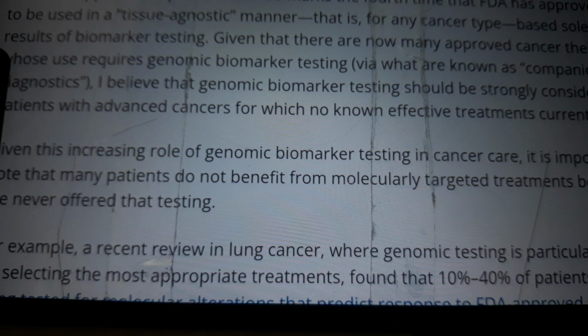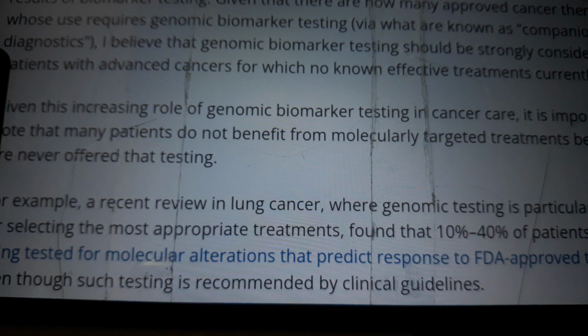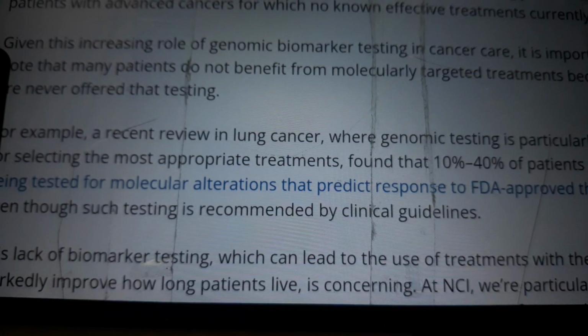Given that there are now many approved cancer therapies that require genomic biomarker testing via what are known as companion diagnostics, it is believed that genomic biomarker testing should be strongly considered for all patients with advanced cancers for which no known effective treatments currently exist.